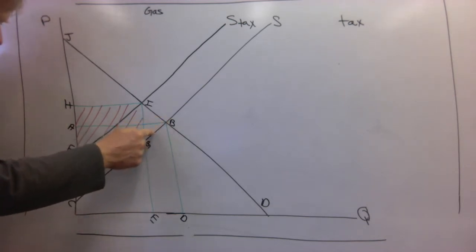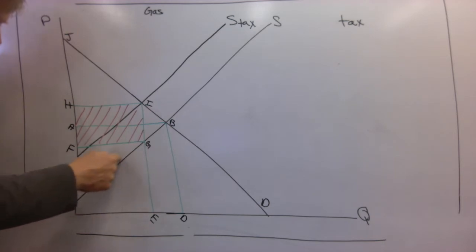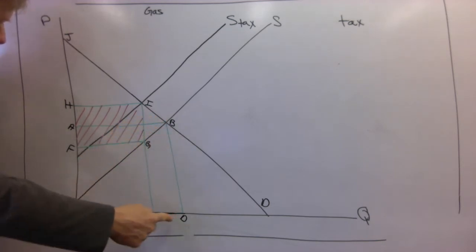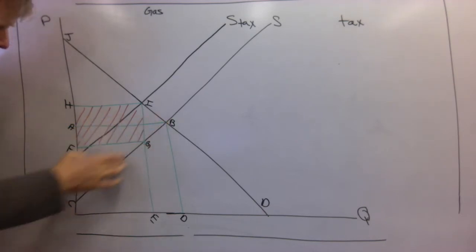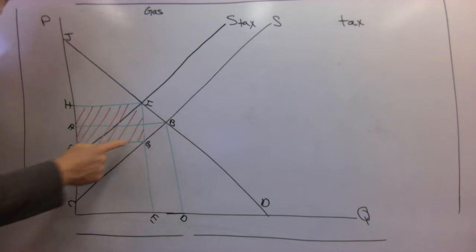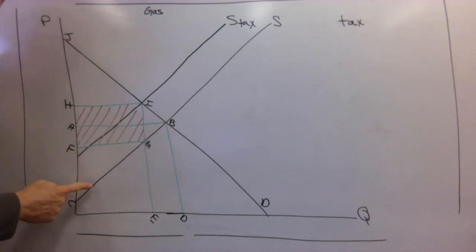So these are all the prices they would have been willing to take for all these quantities, but they were able to get price A. In other words, all of this area here is producer surplus. They would have taken a lower price, but the market allowed them to get that price. So that's what we call producer surplus benefit.